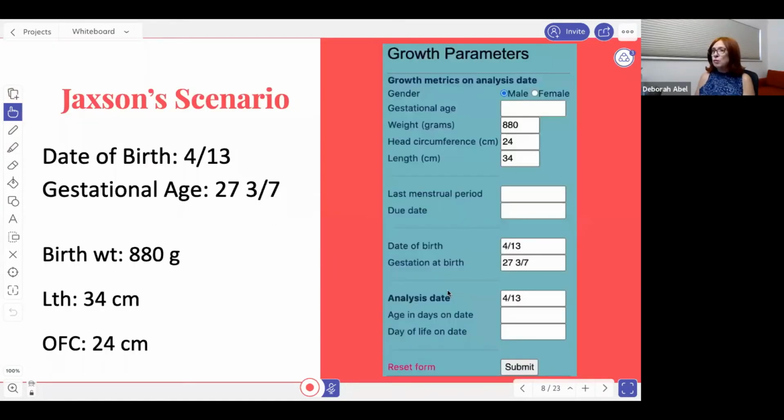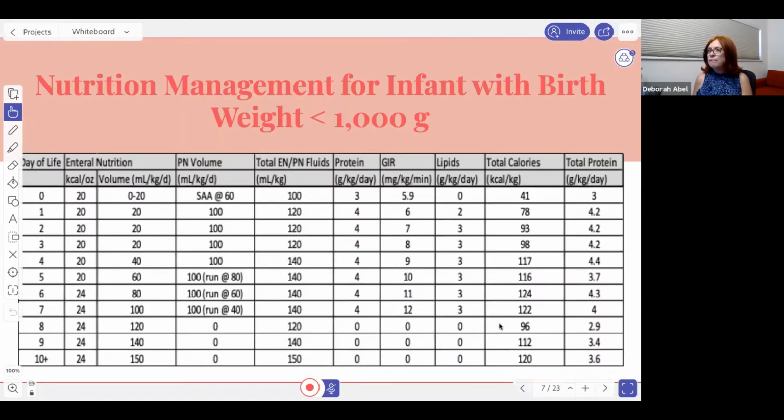And this is a great tool. Depending on the day of life, just to give you an example, in our particular nursery, we would look at day of life and see where they were as far as enteral nutrition. And if they weren't at 60 mLs per kilo of enteral nutrition, we would start to ask questions and investigate why.